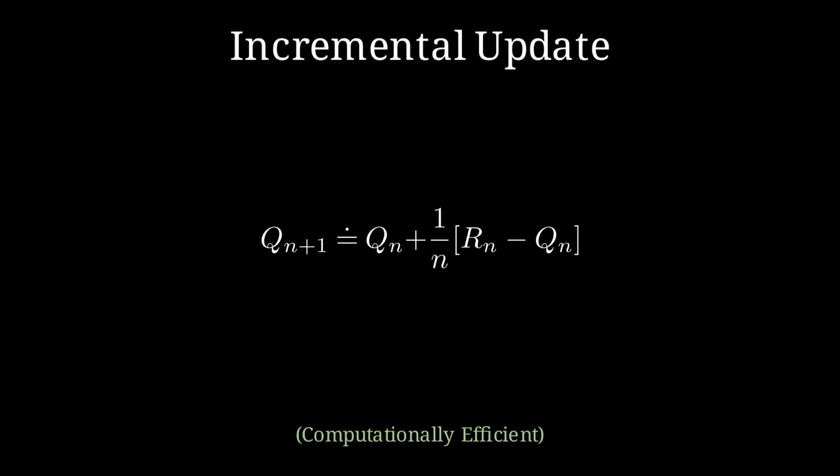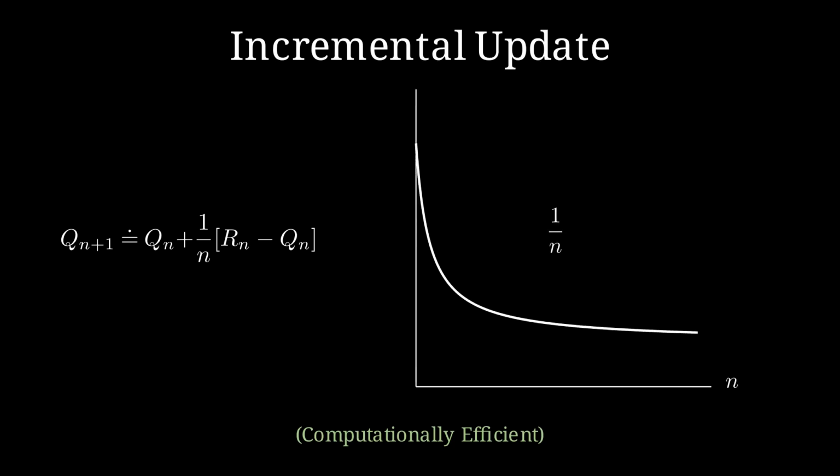In this formula, q sub n is the previous action value estimate, r sub n minus q sub n is the difference or error between the new reward and the current estimate, while 1 over n determines how much the new reward influences the estimate, known as the step size. This method efficiently incorporates new information, with older rewards having less influence over time, making it both computationally and memory efficient.